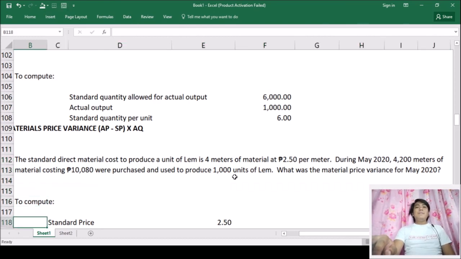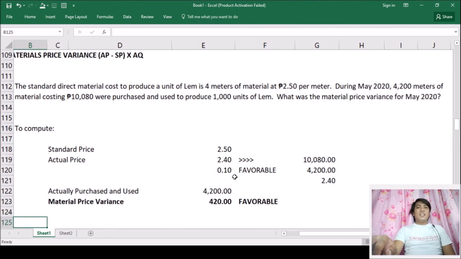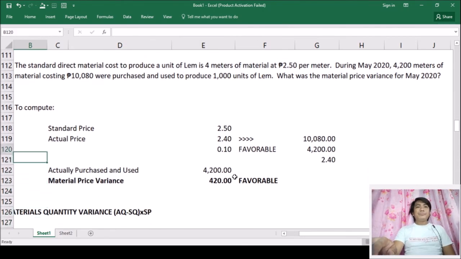Okay, to simply compute that, this is our computation. Standard price, the 2.5 was given in the problem. However, the actual price was not given. How did I come up with that actual price?